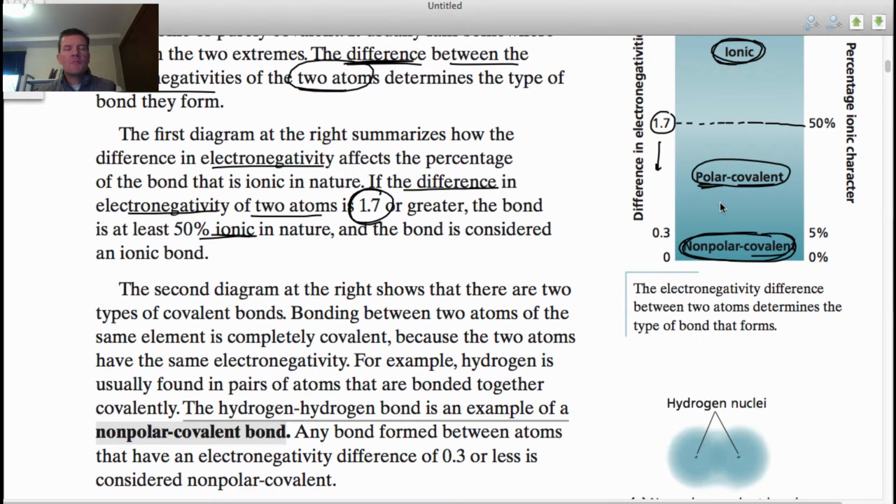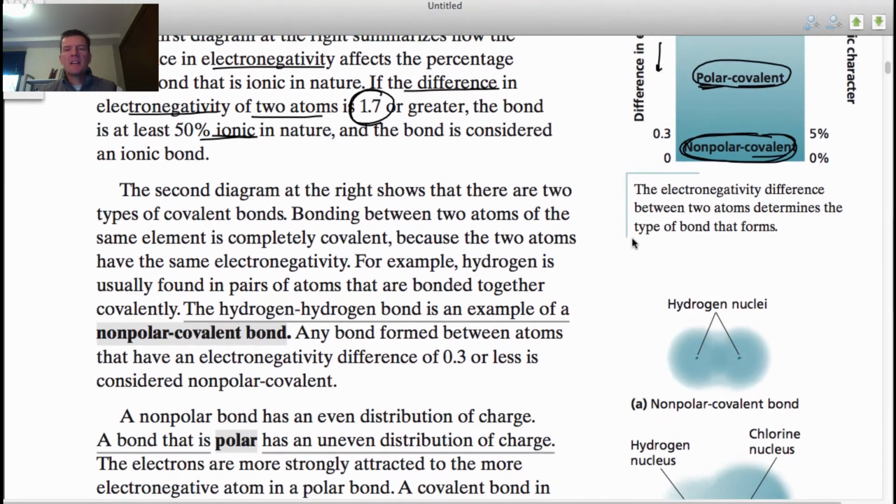Polar, when you think of polar, you might think of a magnet, like the north and the south ends of a magnet. Okay? Or polar means like the North Pole and the South Pole. So two extremes, right? They're pulled to one side or pulled to the other side.